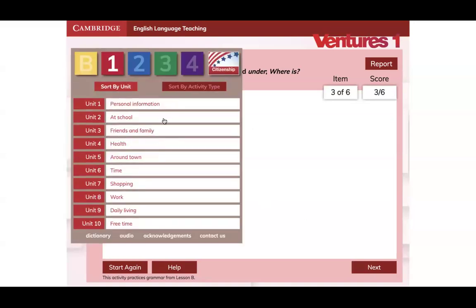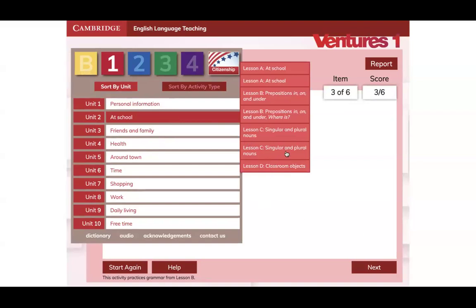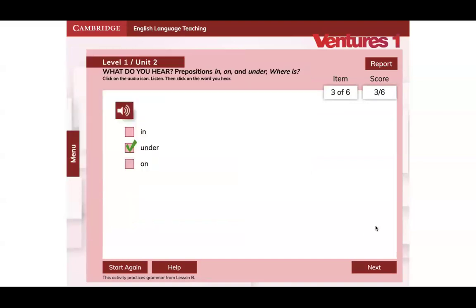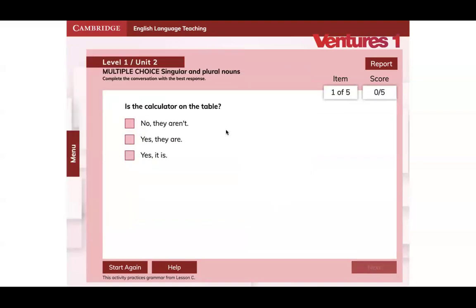We also did singular and plural. Okay, is the calculator on the table? Now, we're going to answer that, but we have to look, what is the subject? Calculator, and it's one thing. So it is an it. So we would go, yes, it is, because they means that there's more than one.